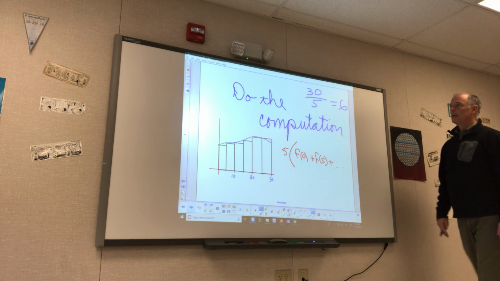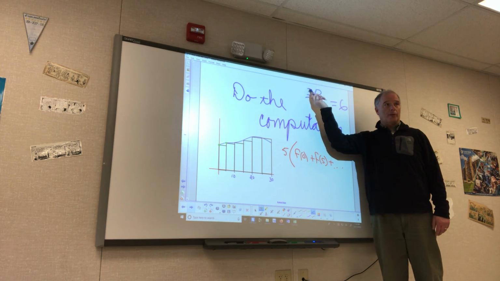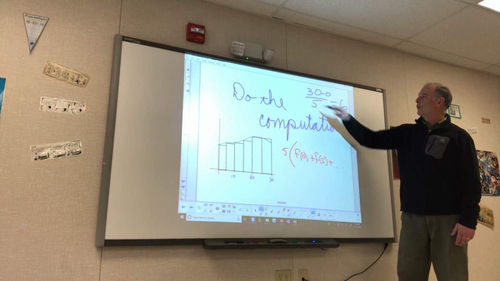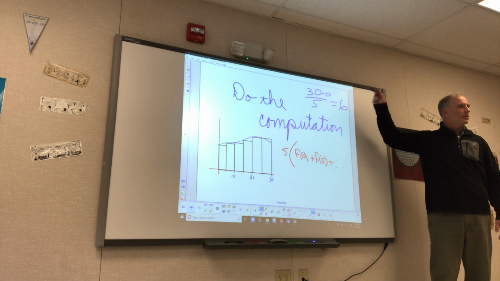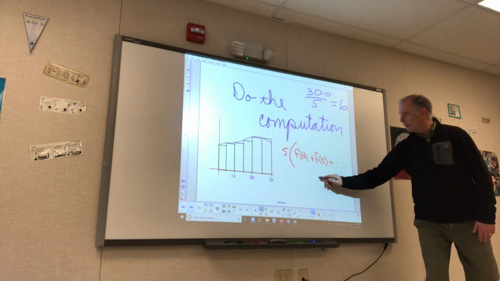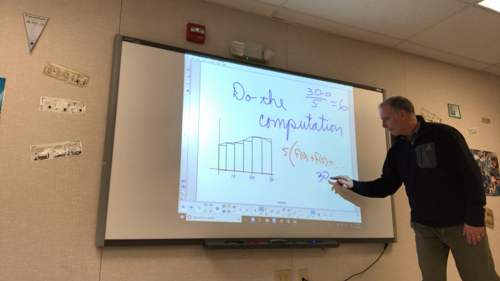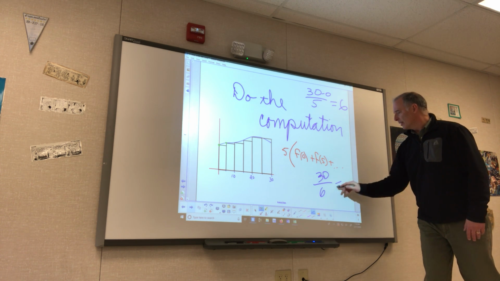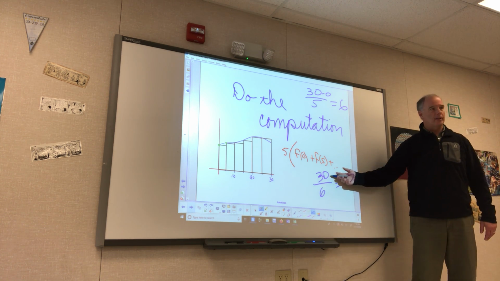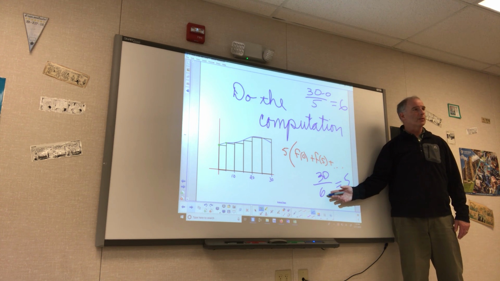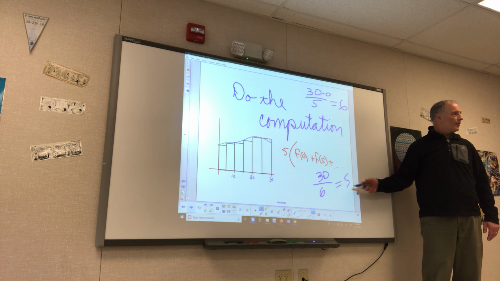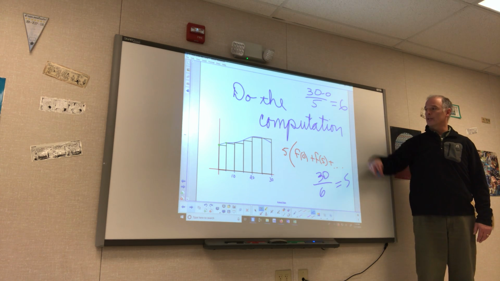This is b minus a, so 30 minus 0, over delta x, equals the number of subdivisions. Or 30 over 6 equals 5. If you take the width of the interval and divide by the number of subdivisions, you get the width of each subdivision. Just rearranging the equation.